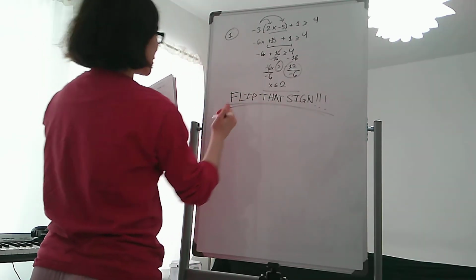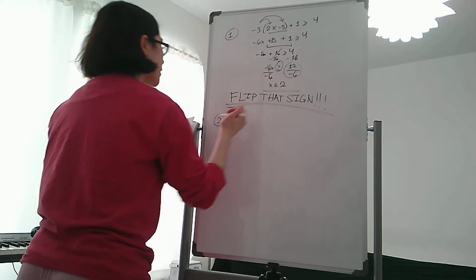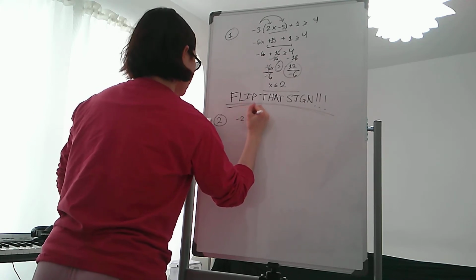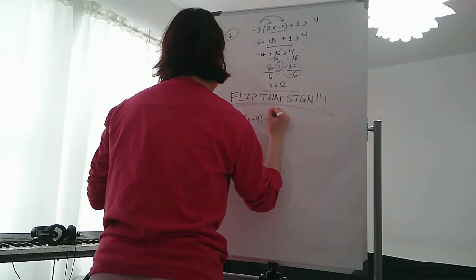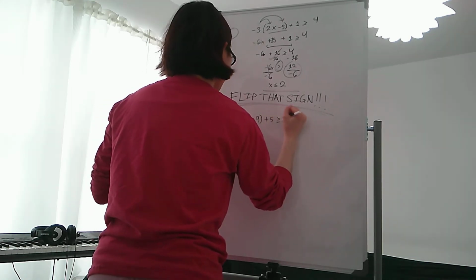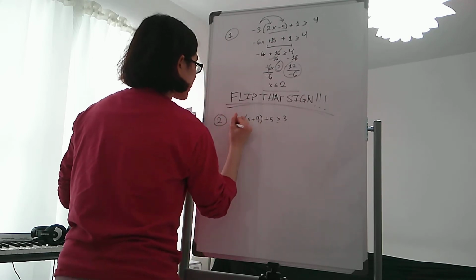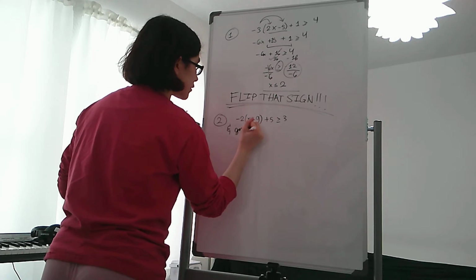Okay, so next example. There's just 2 examples, nothing much. This is similar. So -2 times the quantity x plus 9, plus 5 is greater than or equal to 3. So what is x? But after we find out x, we need to graph the solution.